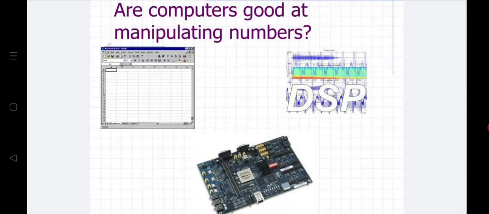Nowadays, whenever you talk about any particular system, the input data will always be analog data. This analog data should be converted into digital data. Once it has been converted to digital data, it goes to a digital processor.